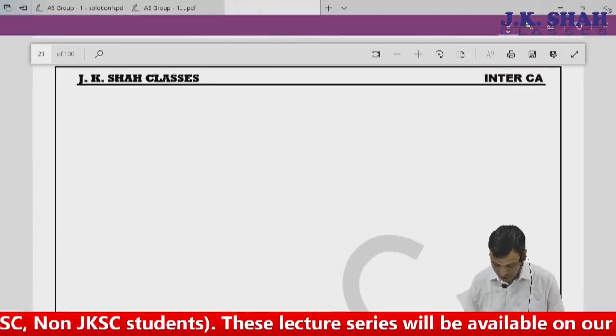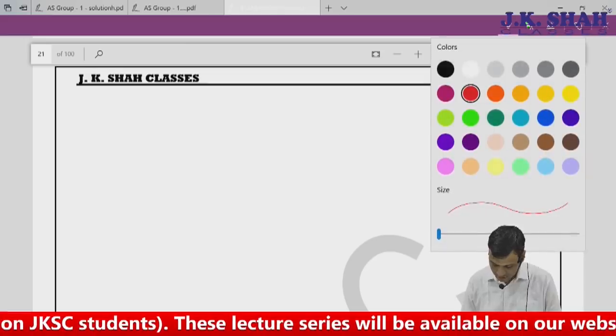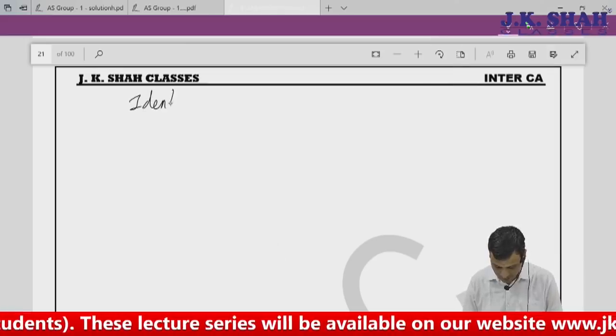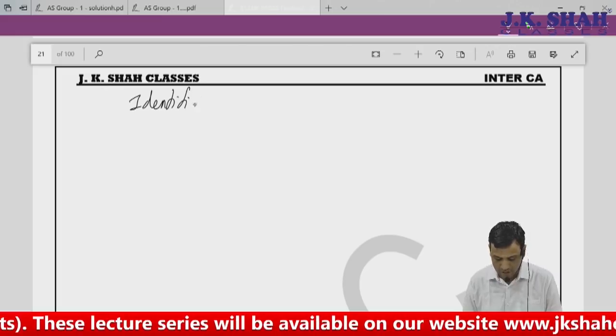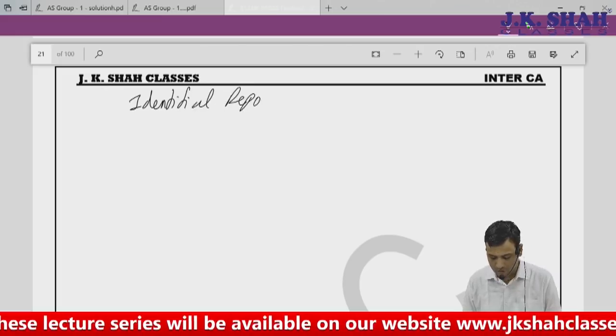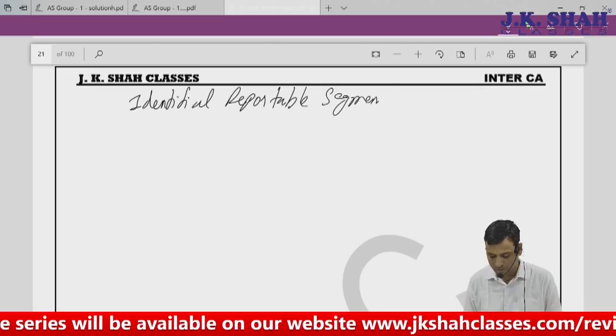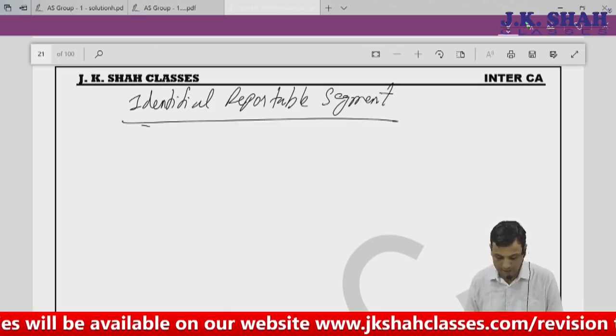So I can just use something like identifiable reportable segments. We have to identify reportable segments.